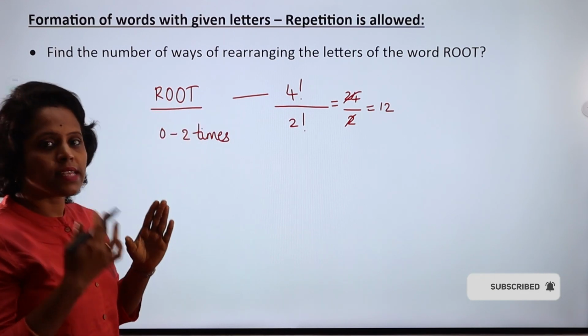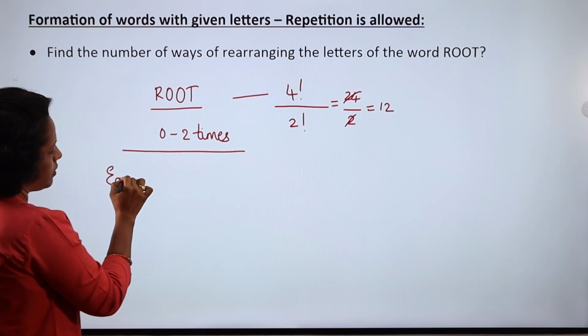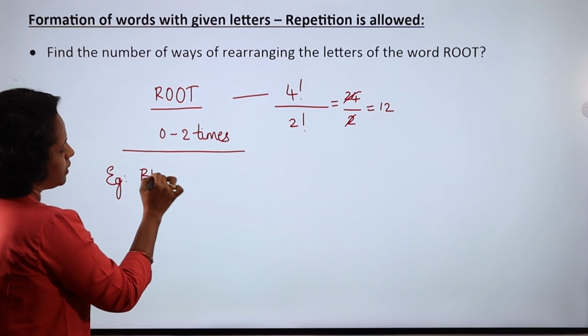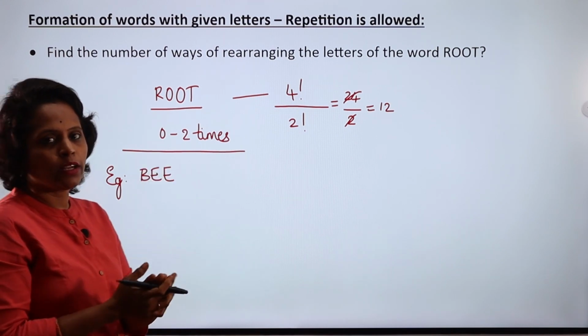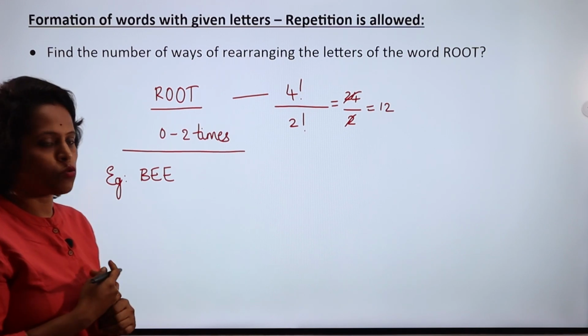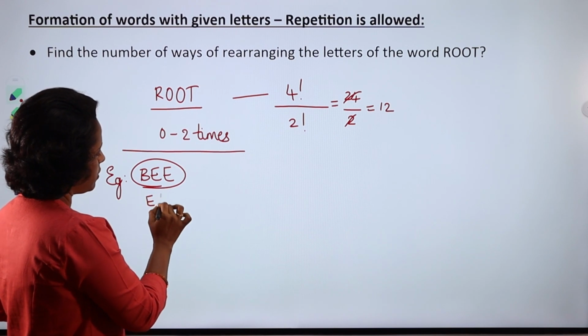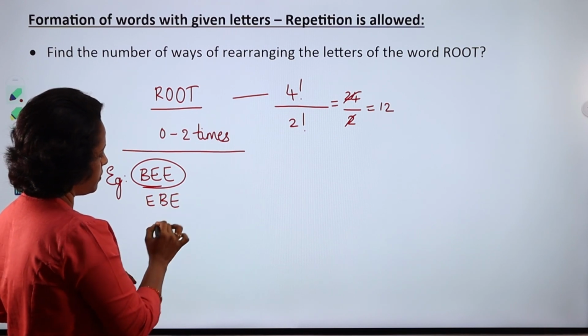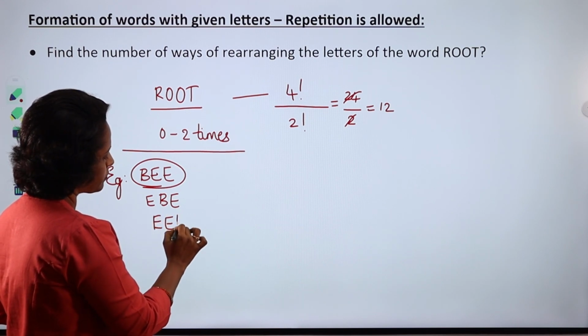Here repetition is allowed. Now if we take an example, I'll take the word BEE. In general, if it is a 3-letter word, we get 3 factorial, that is 6 words, right? Because the letters are repeated here, I can write one more word, EEB.